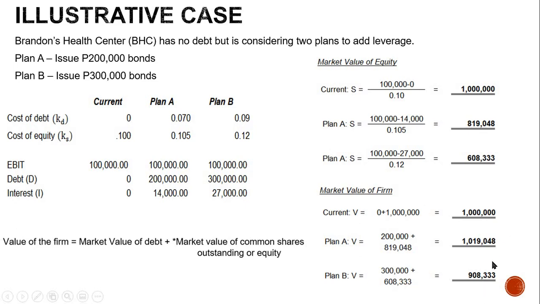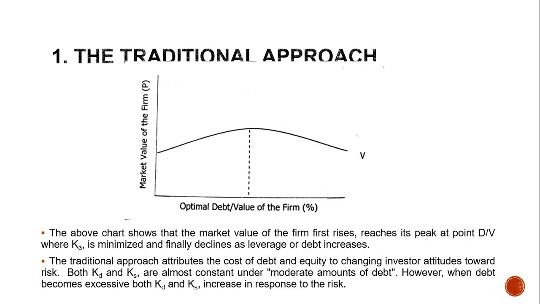As you can see, the one with the highest market value of the firm is plan A, at 1,019,048. This is a representation of this graph right here.